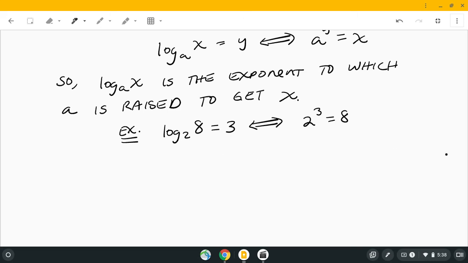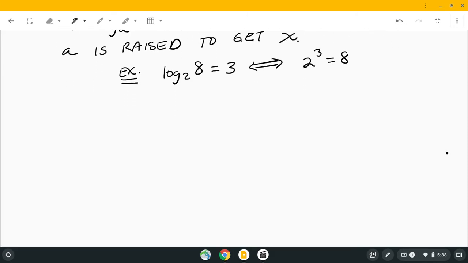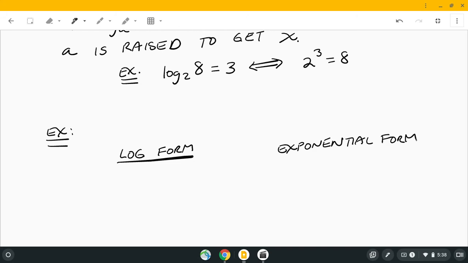Okay. All right, so let's take a look at some more examples, and we'll look at the log form of something, and then the exponential form. So over here, we'll take a look at the log form, and then over here, we'll take a look at the exponential form. And hopefully you'll get used to the relationship between the two.